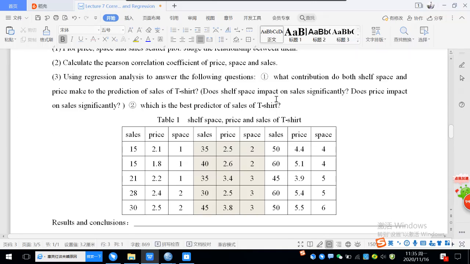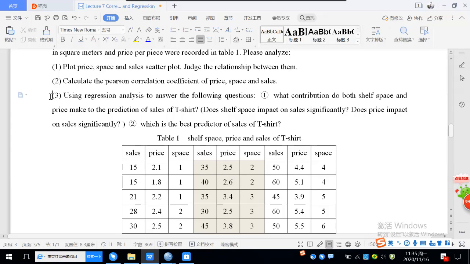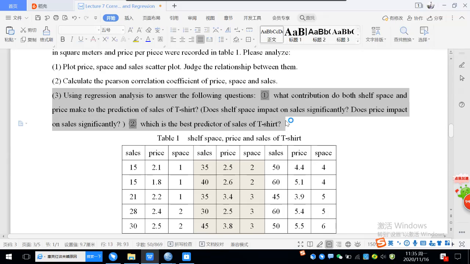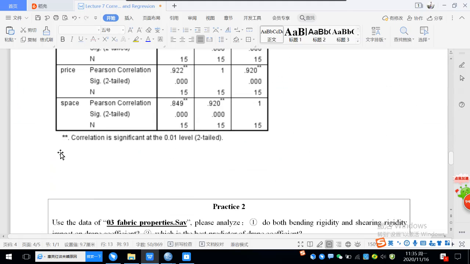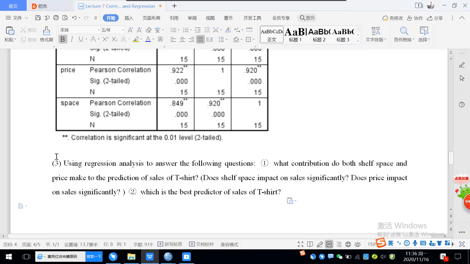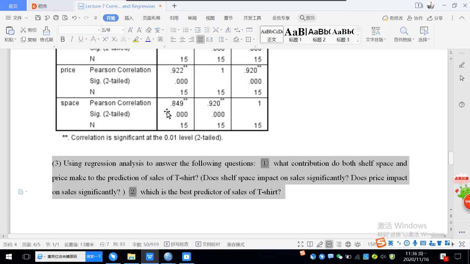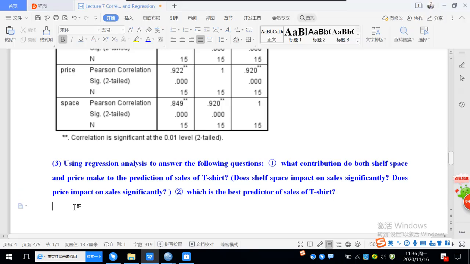Number 3 is this one. Okay, so next we can use the linear regression. What contribution do both shelf space and price make to the prediction of sales of t-shirts?